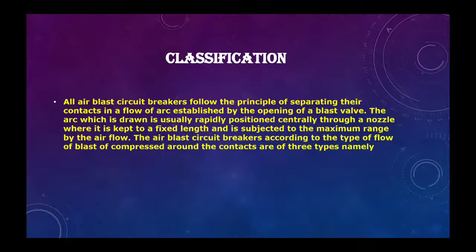According to the type of flow of the blast of compressed air around the contacts, air blast circuit breakers are of three types: the first one is the axial blast circuit breaker, the second one is the radial blast circuit breaker, and the last one is the cross blast circuit breaker.